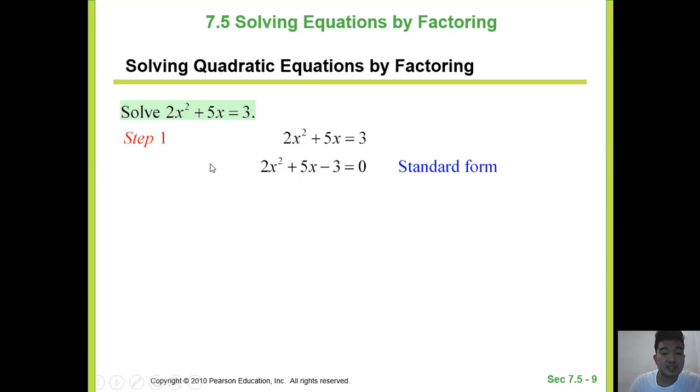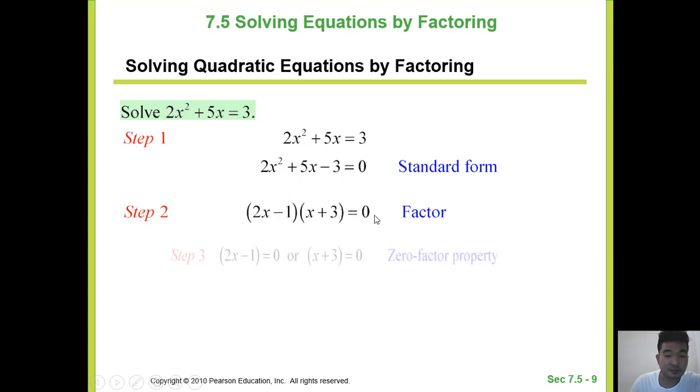So the standard form of the equation will become 2x squared plus 5x minus 3 equals 0. After transforming the equation to the standard form, the second step is to factor, and the factors of this quadratic equation are the quantity of 2x minus 1 times the quantity of x plus 3. Then we equate it to 0.